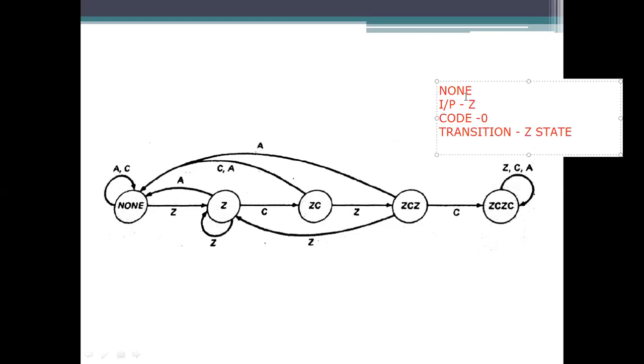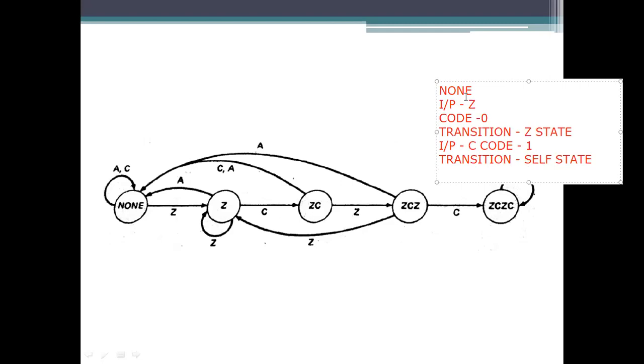If the input value we have is C and its code is 1, then the transition here is the self state, it remains there only.